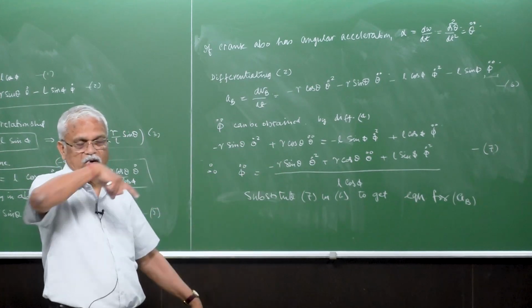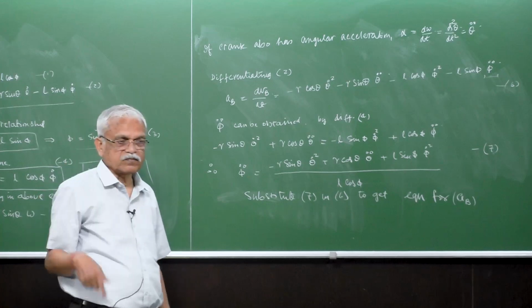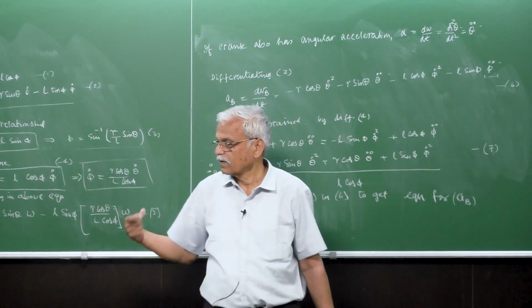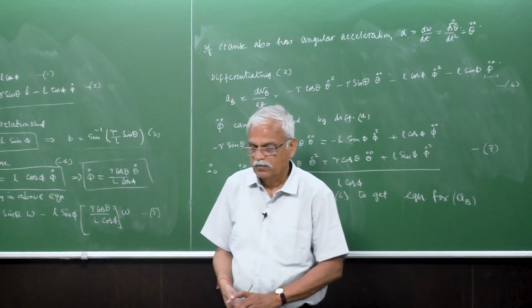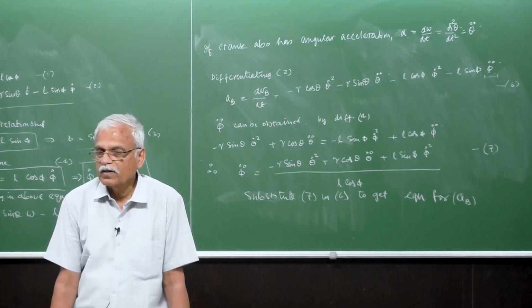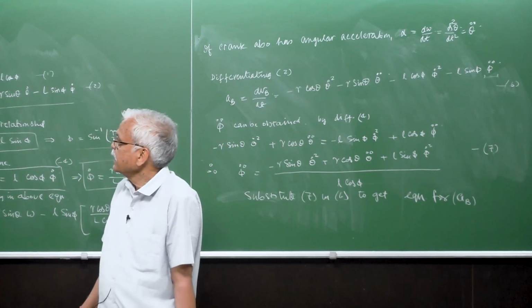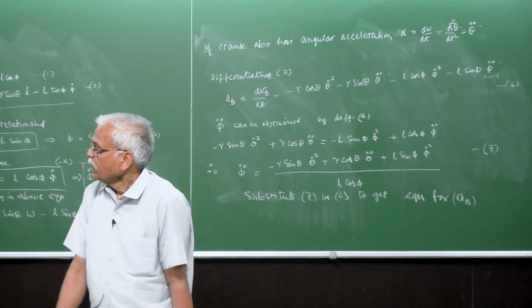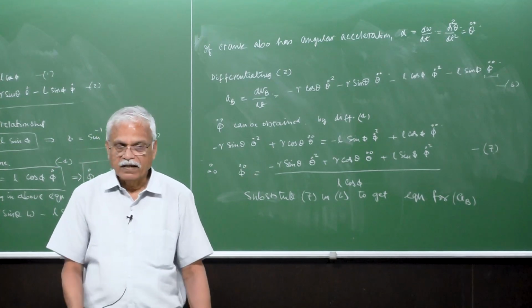You can just plot as theta changes from 0 to 360 how AB varies. You can find out where it is maximum and where it is minimum, where it can also be 0. It very much depends upon the lengths R and L, and also the omega and alpha.